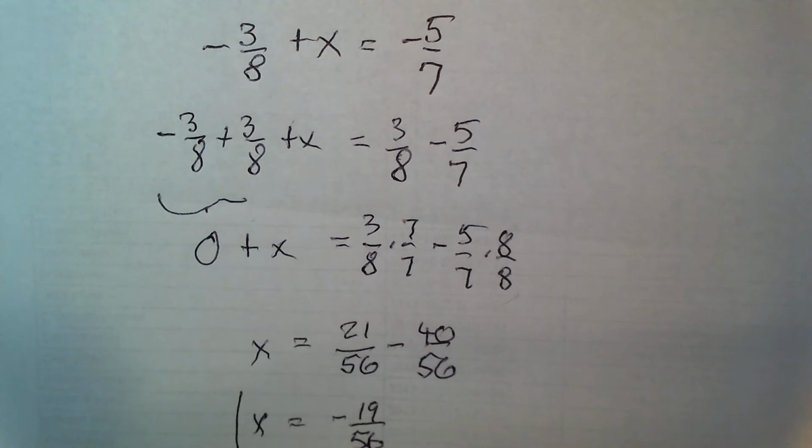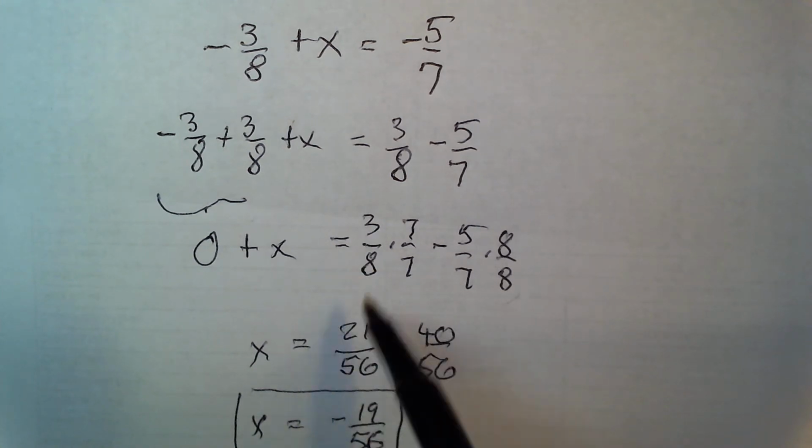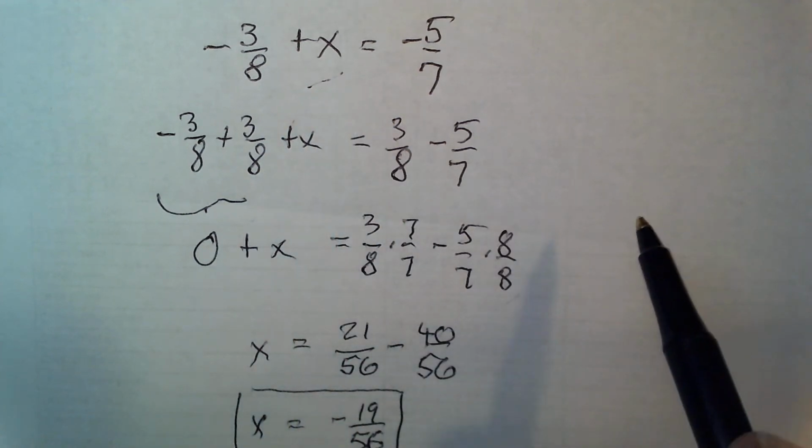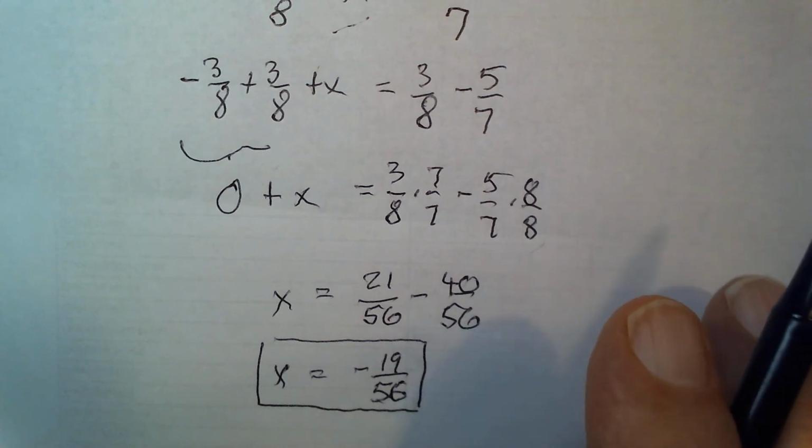So there would be our solution to this equation. And again, I would encourage you to double check that this really is the solution to this equation. So you replace x with minus 19/56 in the original equation, and make sure that in the end you have an equality.